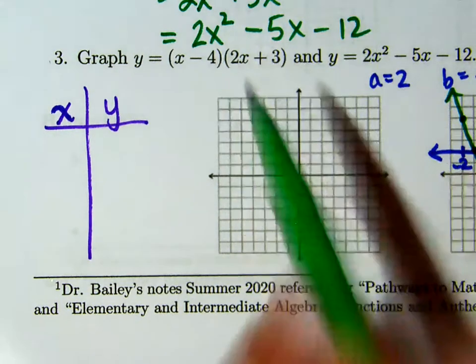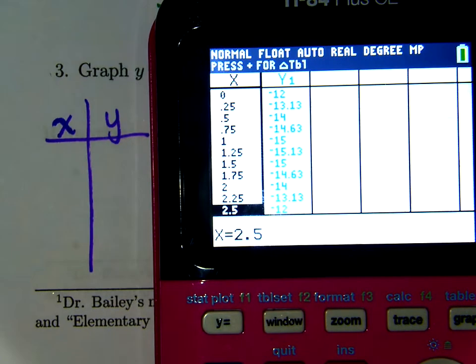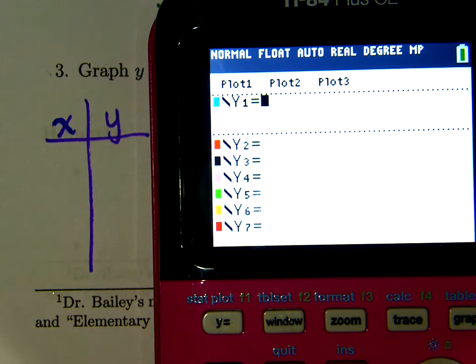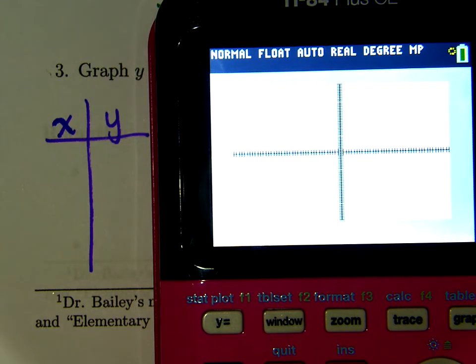Yes? Okay, so I'm going to go back to my graphing calculator. I'm going to go to y equals, clear this, and put in x minus 4 times the quantity 2x plus 3. Enter, and graph. Huh, that looks familiar. And table.